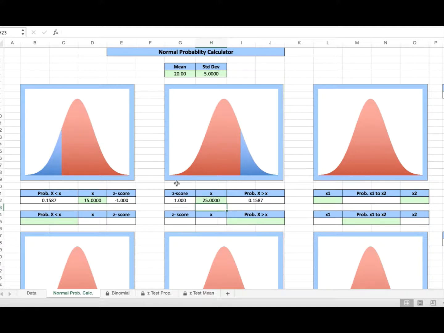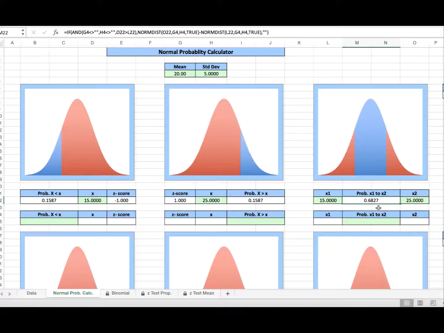The z-score of 25 is positive 1, which makes our probability, the blue shaded area, again 0.1587. The area between 15 and 25 would be what's left, or about the middle 68%. So about 68% of the time, this variable will have a value at random between 15 and 25.